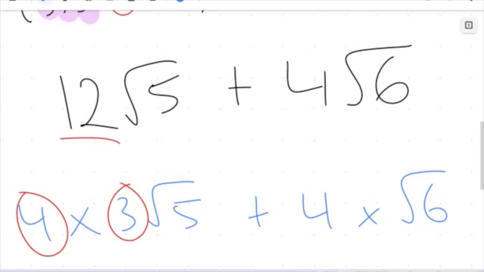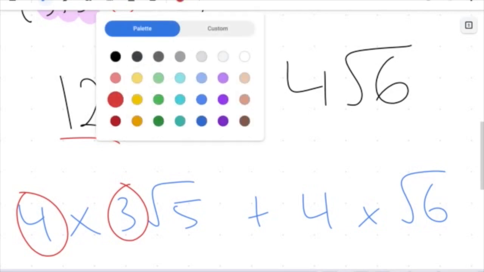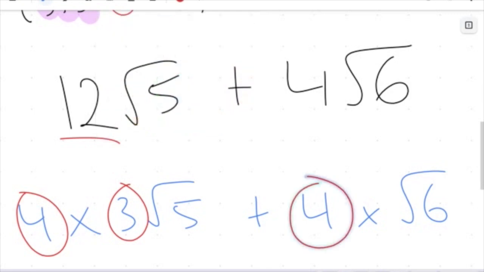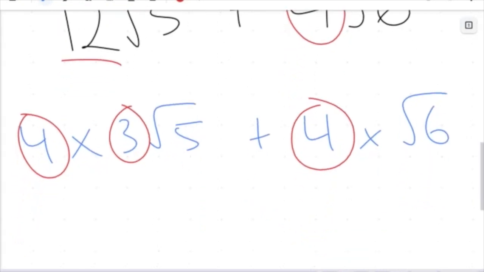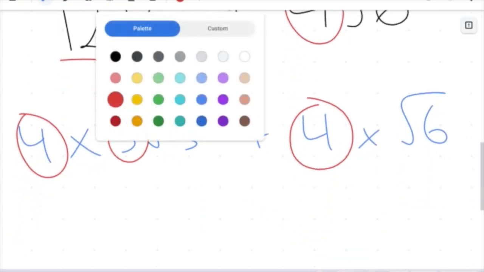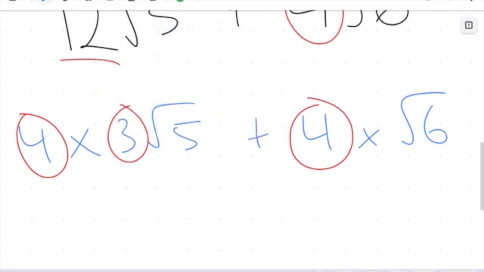So a shortcut way of writing 4 times root 6, or one lot of root 6, is just going to be 4 next to the root 6. So surds as well follow the distributive law, which we learnt in previous video series.